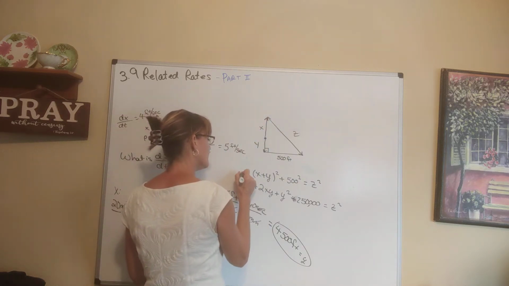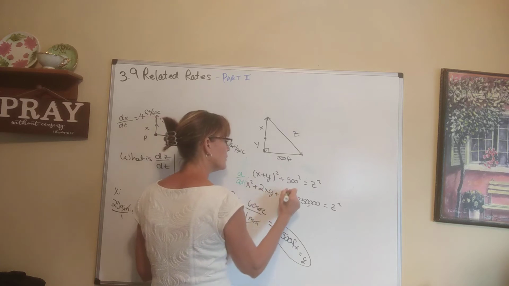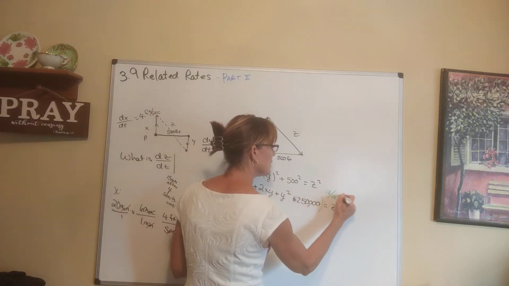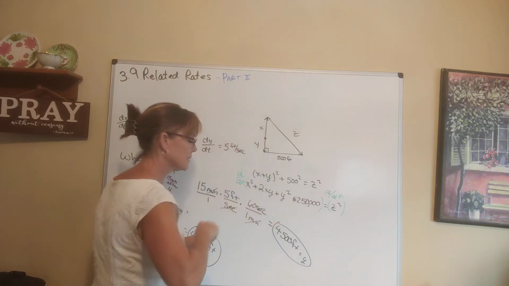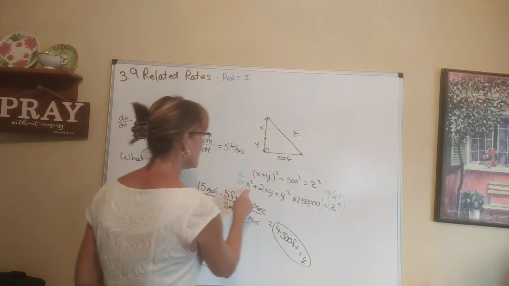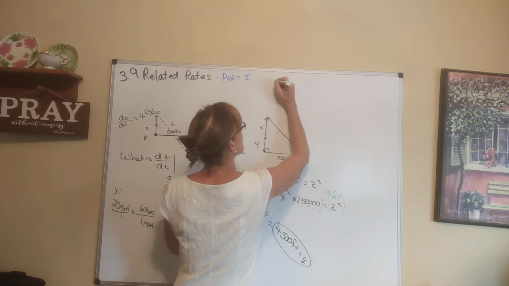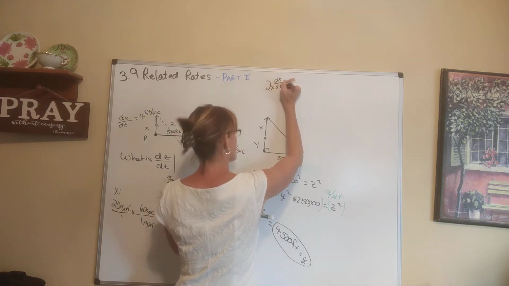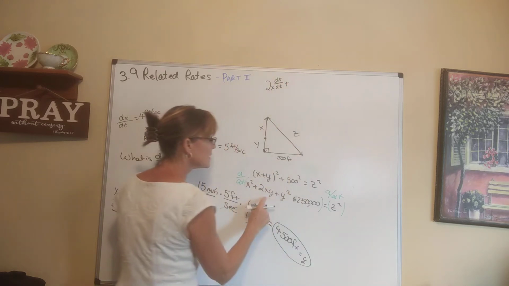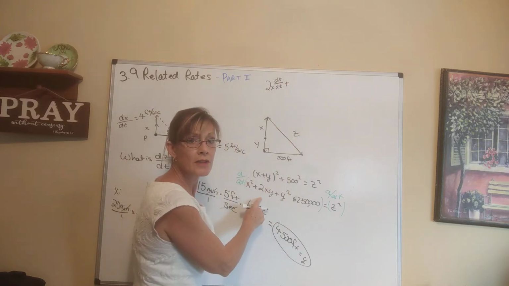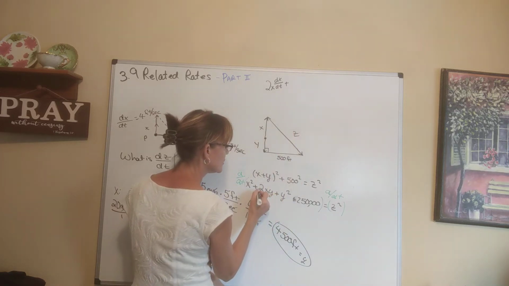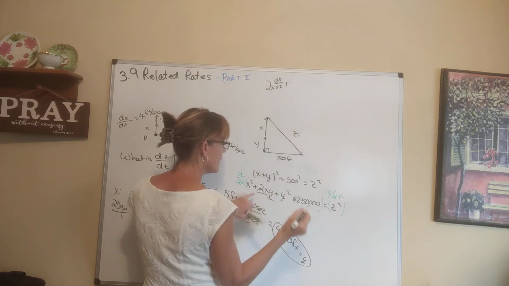d dt of u. Okay, so what happens here? The derivative of x squared is going to be 2x dx dt, chain rule, plus, this is product rule. We have a function of time times a function of time. So I'm going to call the first function 2x and the second function y.